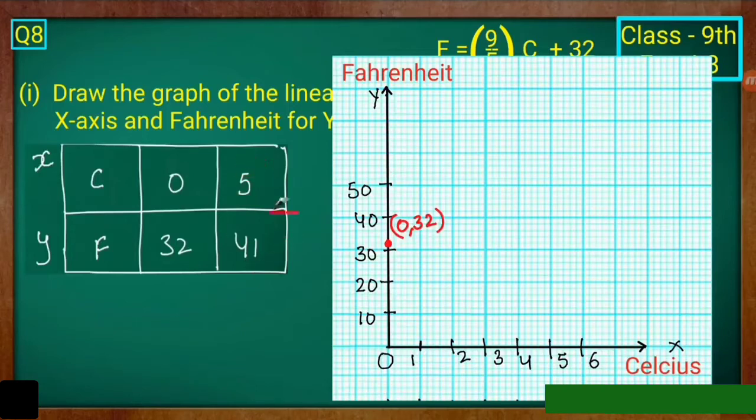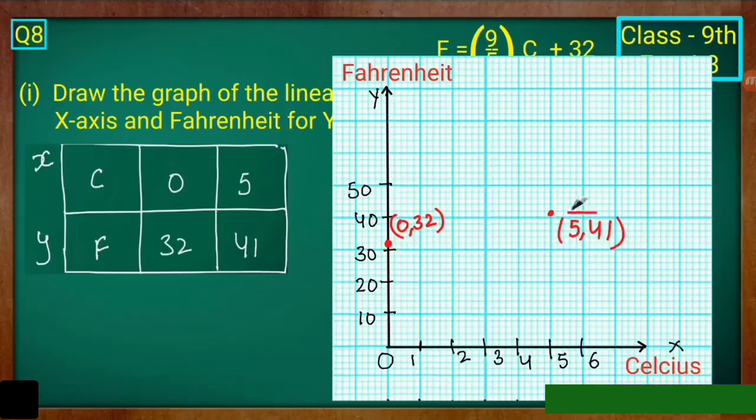So first condition, x is 0, y is 32. Above 30 we count 2 small boxes. When x is 5, y is 41, so it is 1 more box above 40. You can see in this graph there are 10 small boxes.